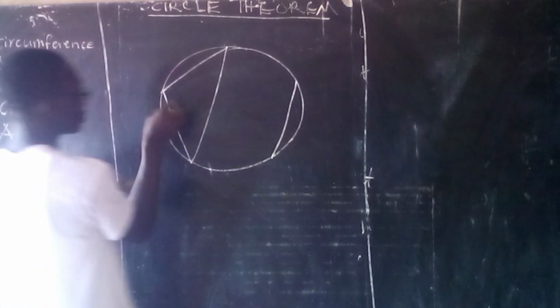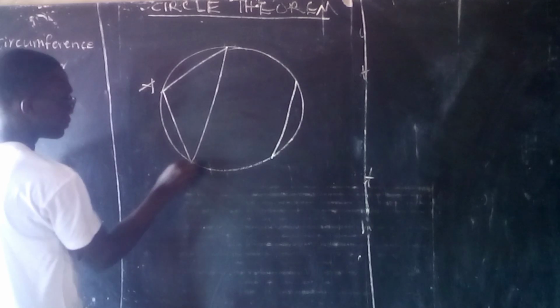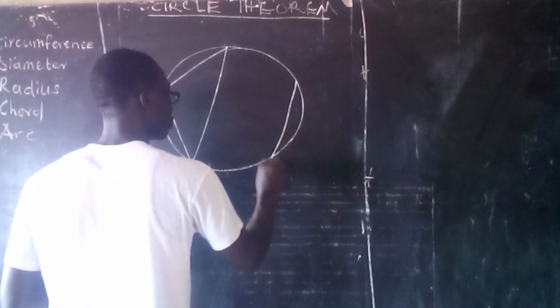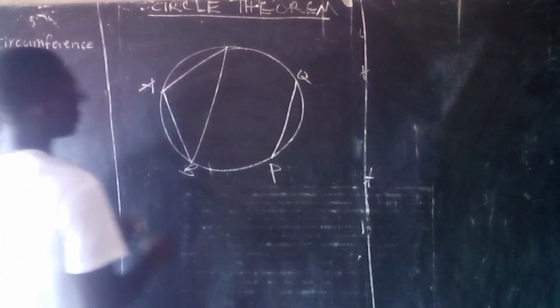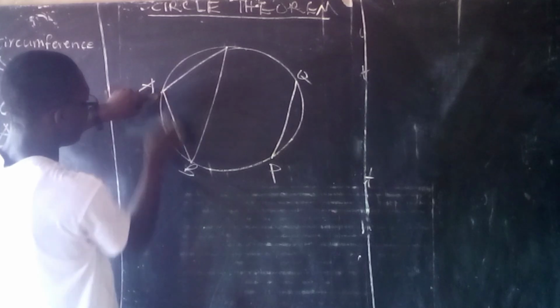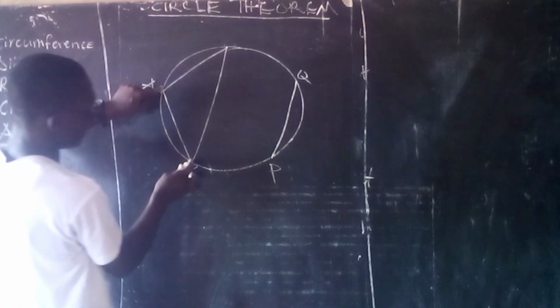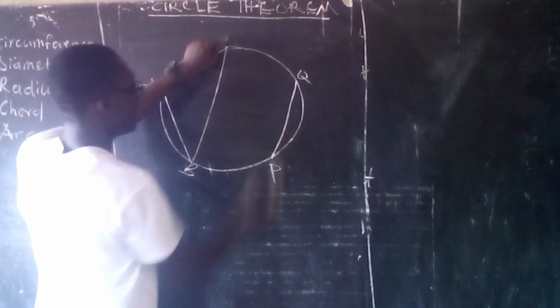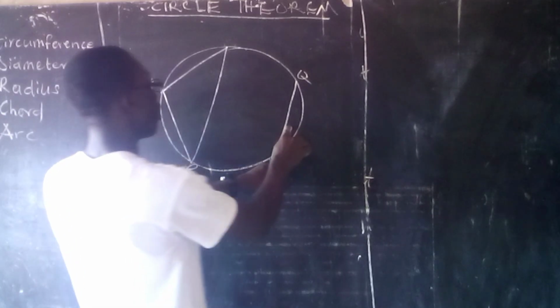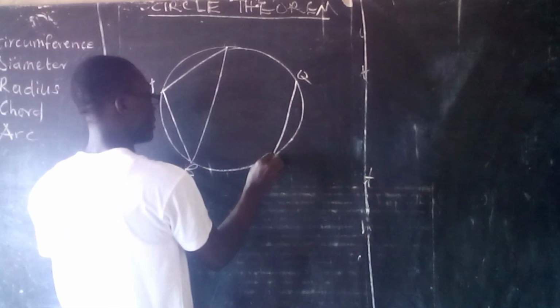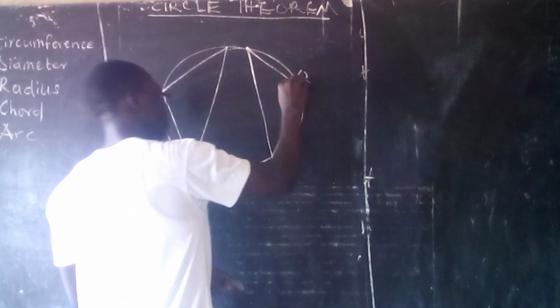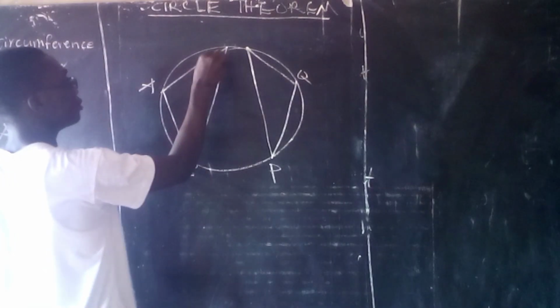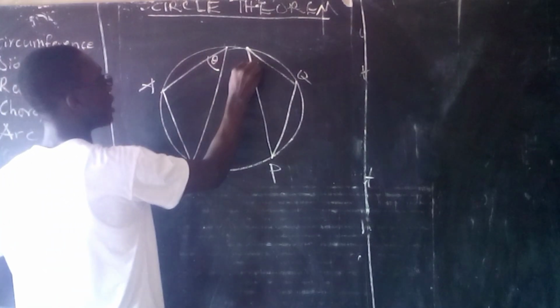Let's call this chord AB, and call this chord PQ. So this chord AB subtends an angle to the circumference of the circle, and this chord PQ also subtends an angle to the circumference of the circle. Let's call this angle theta and this angle alpha.